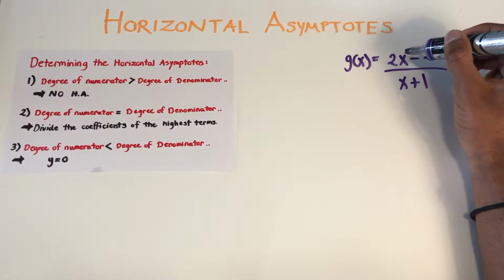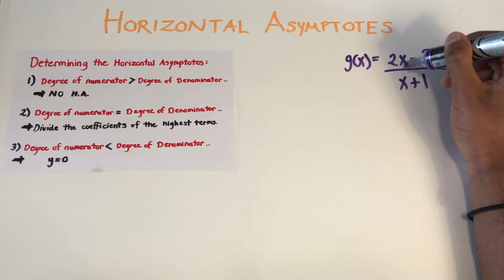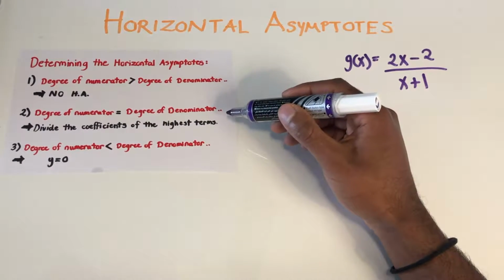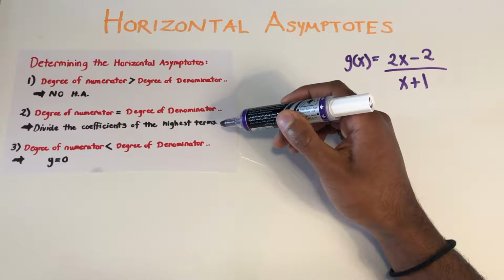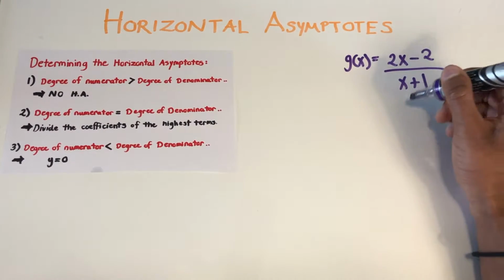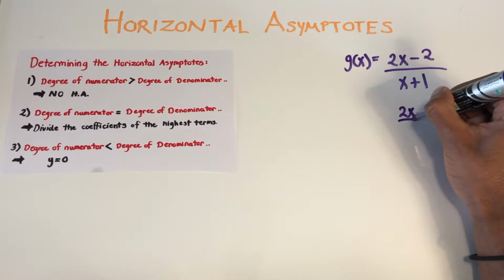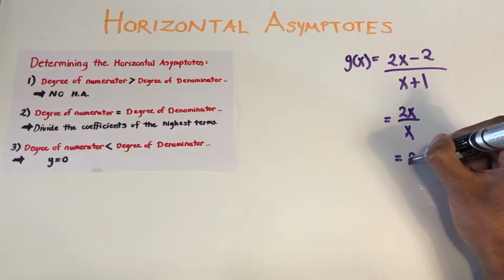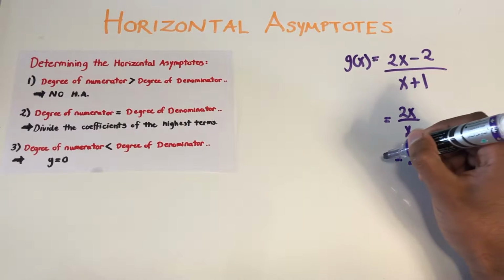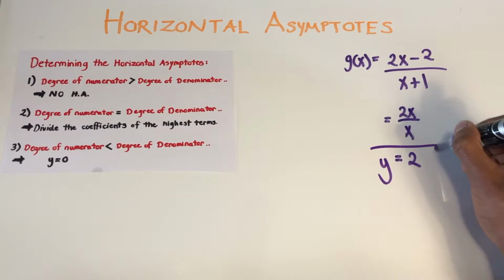Notice how the highest degree here is x, and the highest degree here is x as well. So what number 2 is saying here is that we must divide the coefficients of the highest terms. So basically 2x over x, which is going to give us 2. So there's a horizontal asymptote at y equals 2.